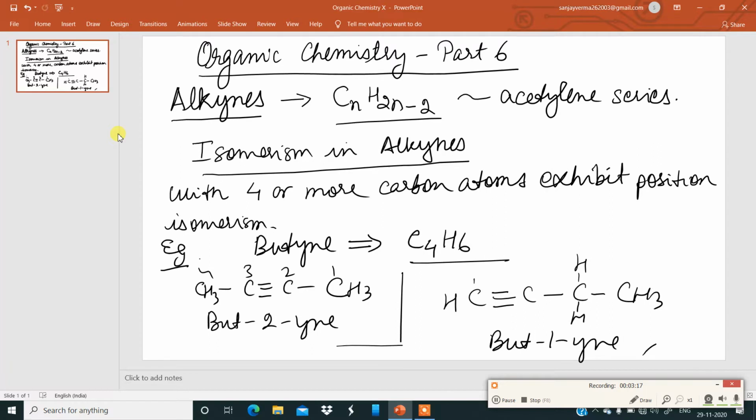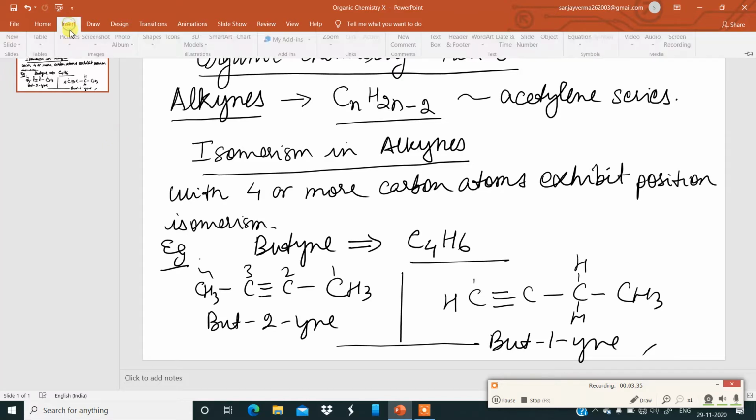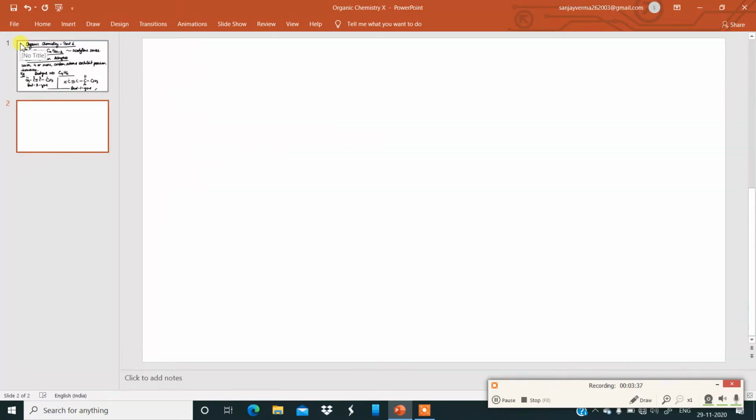So these are the two isomers, and these isomers are called position isomers. Why position isomers? Because the position of the triple bond is changing.